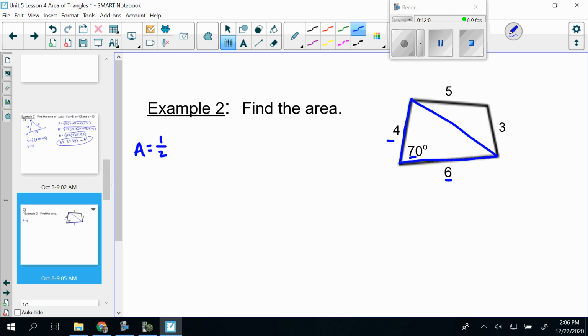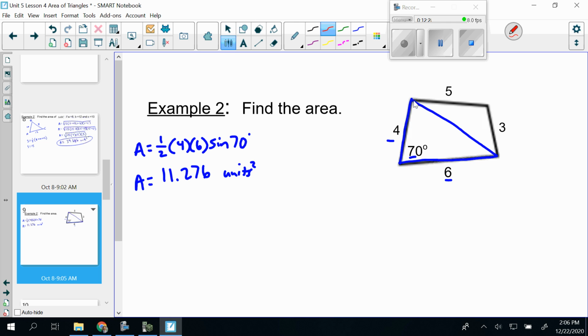That's half of 4 times 6 times sine of 70. So just pop that into your calculator and you should be able to find that one out. And if you put it in, it should come out to be about 11.276 for that area. That's not the overall area, that's just the area of the blue triangle.